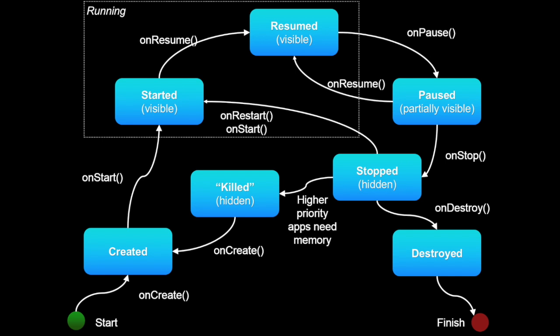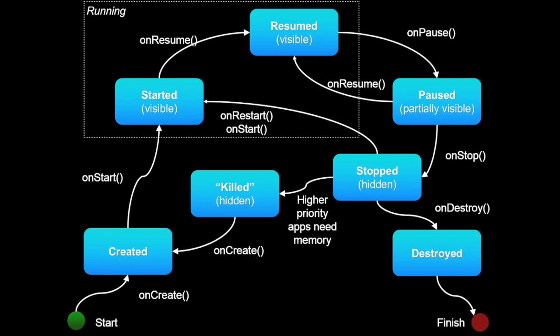If the user sends the app into the background, say by pressing the recents button or the home button, the app will go through the pause state and go to the stop state.